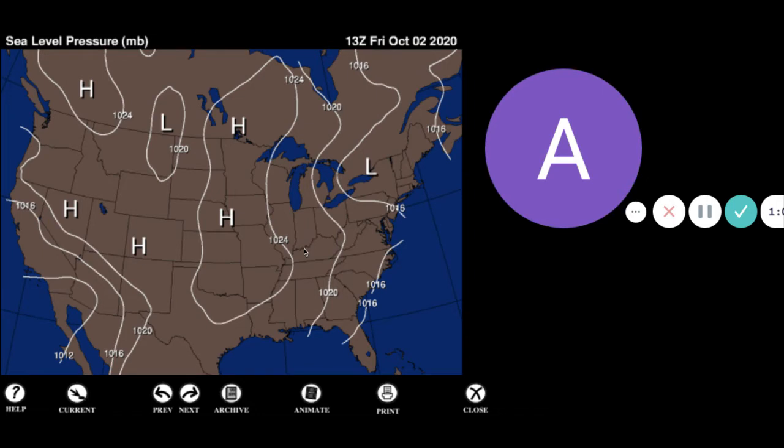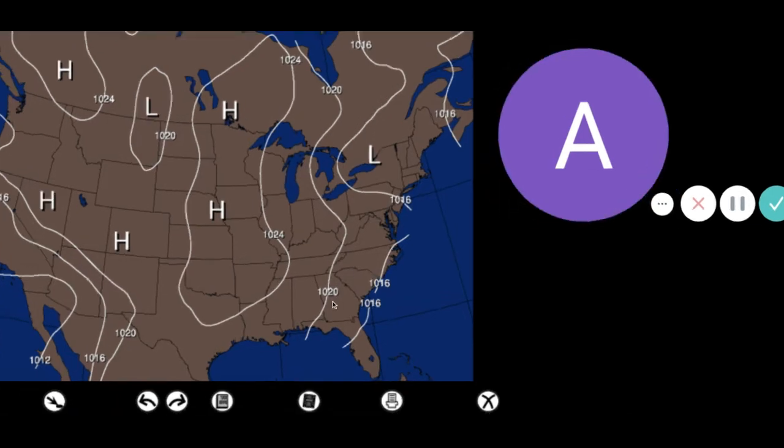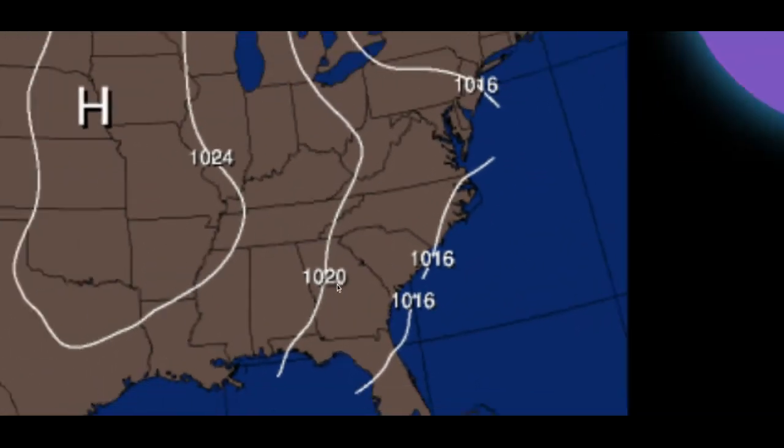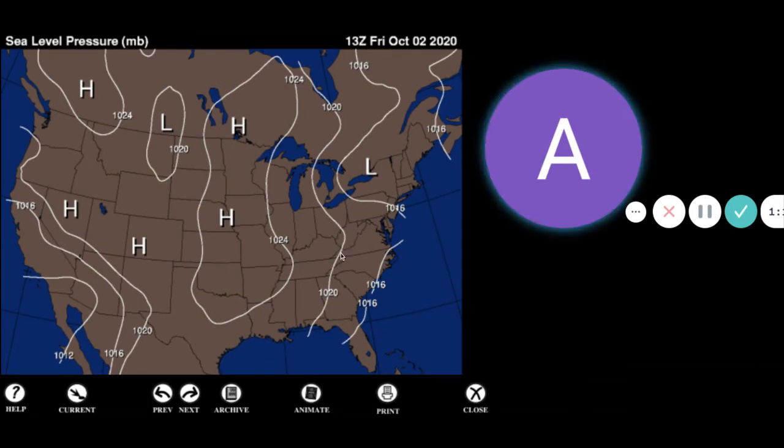Then if we work out from that, we see the next isobar right here. This one's sort of running north and south right through Michigan. The pressure number on this isobar is 1020. So everywhere between this isobar and this isobar, it's going up from 1020 to 1024.